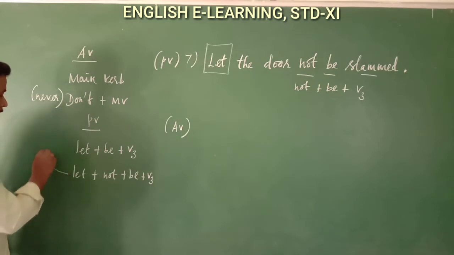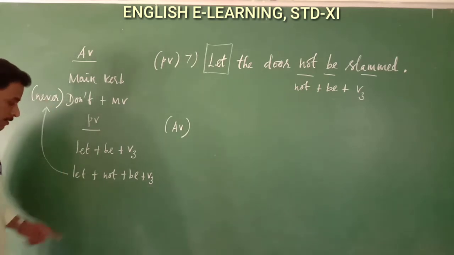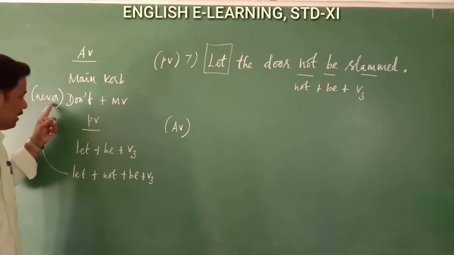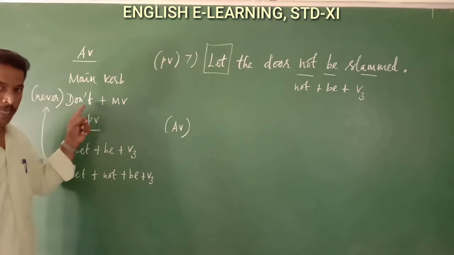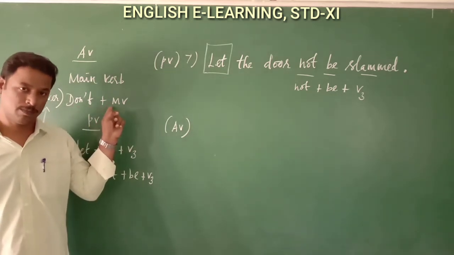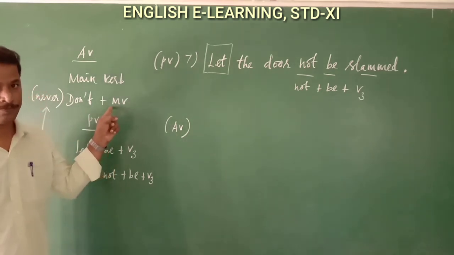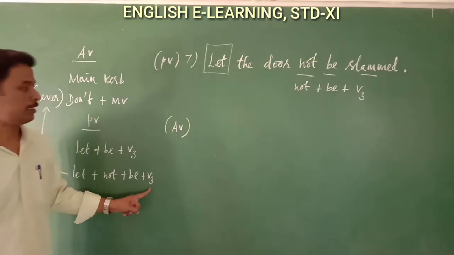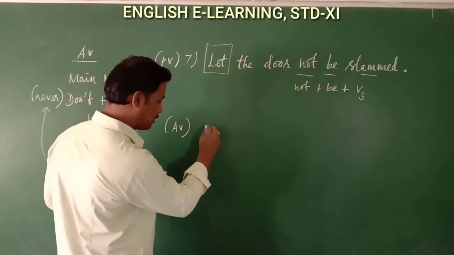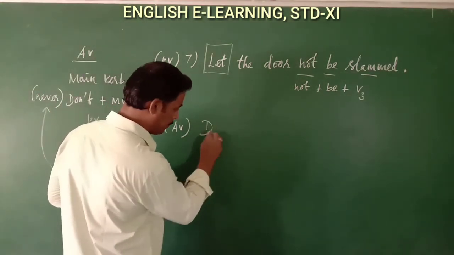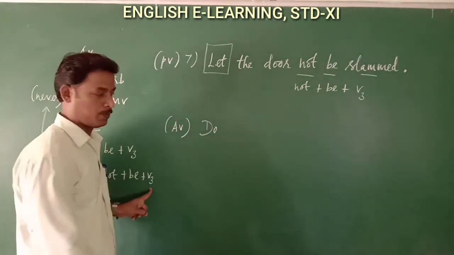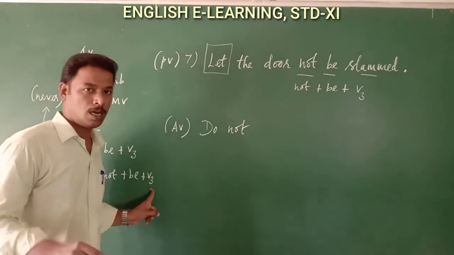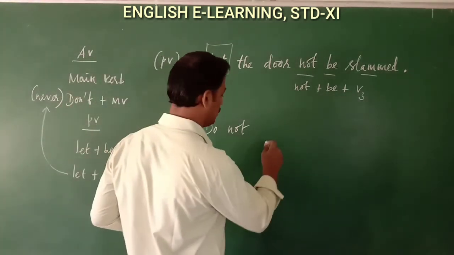What will be the rule? If we have the negative, we must begin with the negative term never or don't, and then the base form, that is the main verb, should be followed. The verbs be and verb 3 should be cancelled. Right? Okay. So you must begin with the negative command do not or don't. Do not.